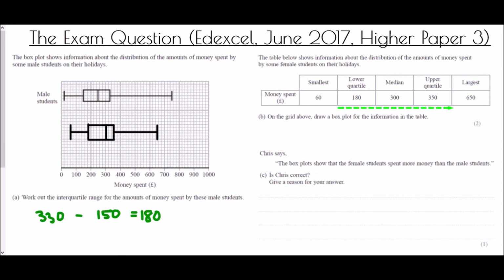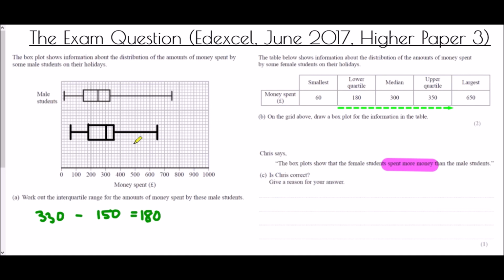Now, the fact that we are talking about showing that one spent more than the other is pointing out to me I should be talking about averages. So do the males spend more on average, or do the females spend more on average? And so the only average we can talk about is the median.